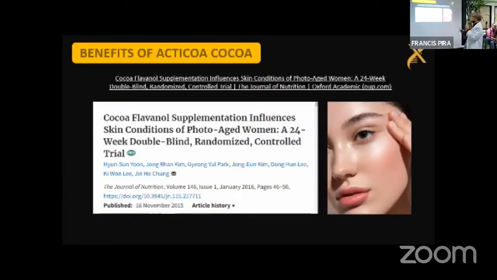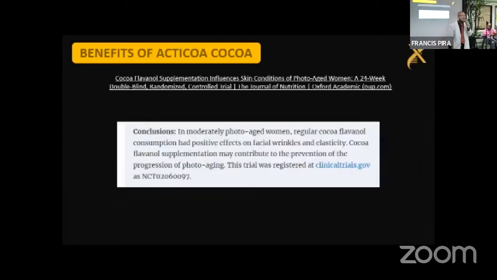Flavonol fermentation also influences the skin conditions of photo-aged women. So for those people, especially people working in the field or people exposed to sunlight, they must really take the product so that the free radical will be neutralized.